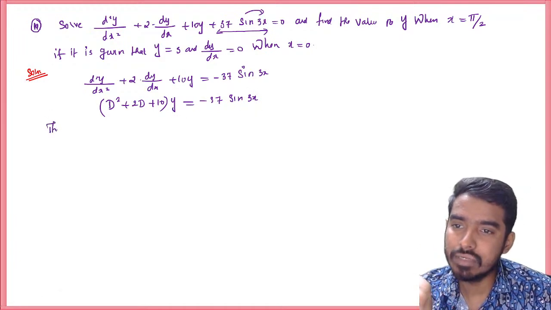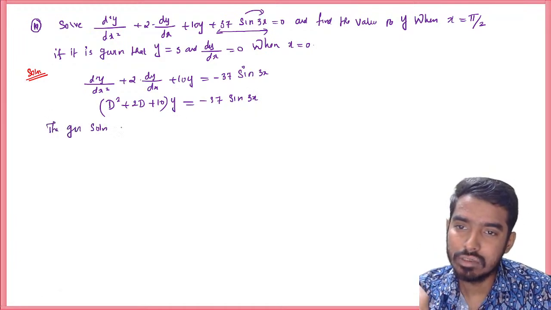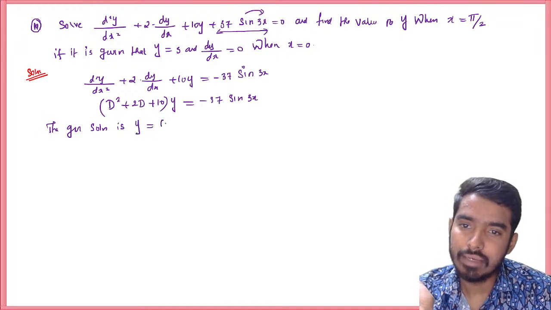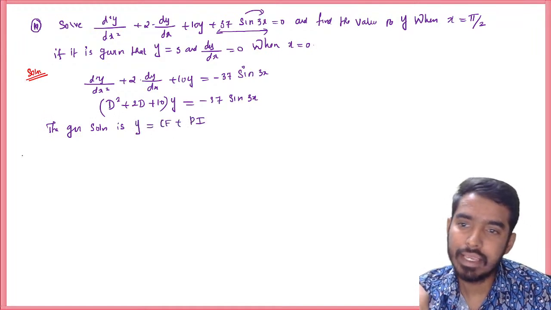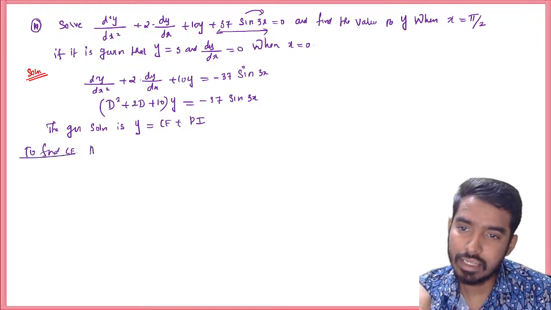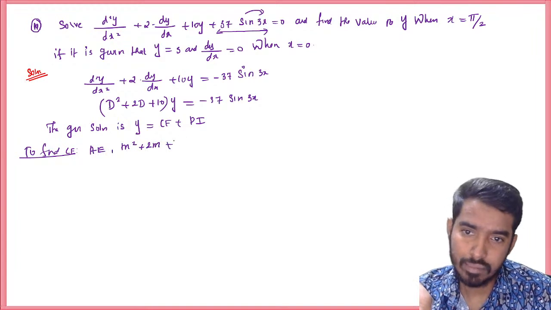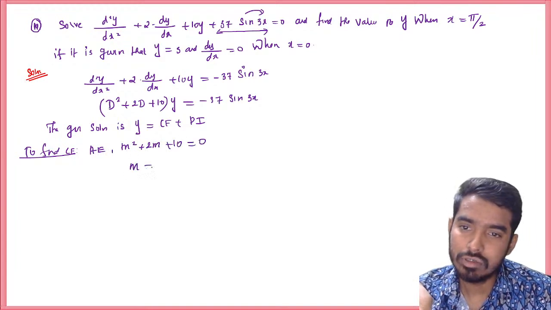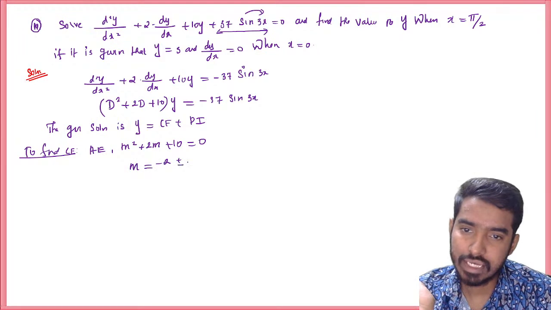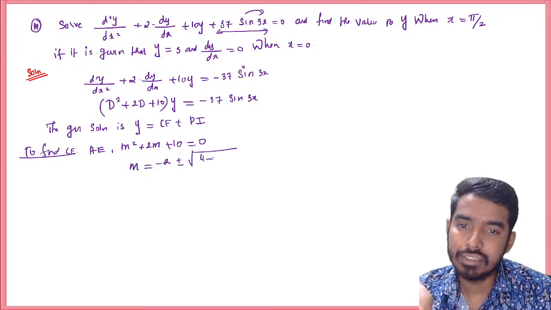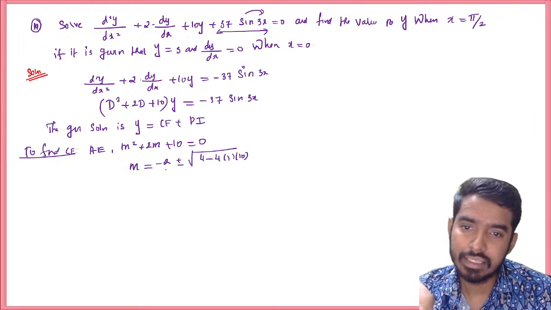So the general solution is given by y is equal to cf plus pi. So first we will find cf. The auxiliary equation is given by m square plus 2m plus 10 is equal to 0. m is equal to minus b plus or minus root of b square minus 4ac divided by 2a.